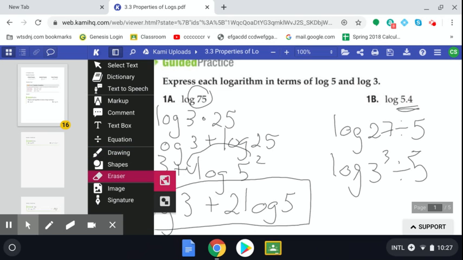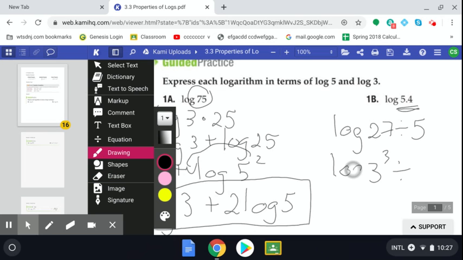Let me fix that writing a little bit. Okay, so I have log of 3 to the third divided by 5. And now I can expand that and write it as log of 3 to the third minus log 5.